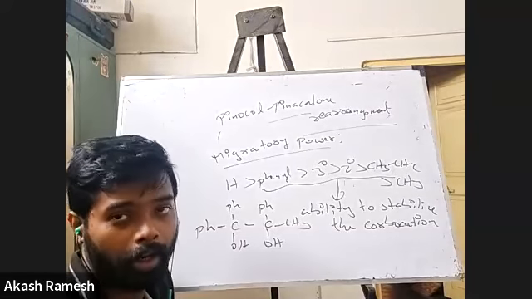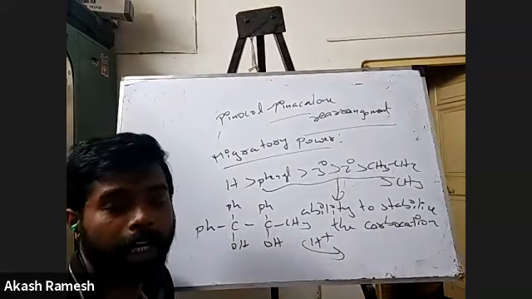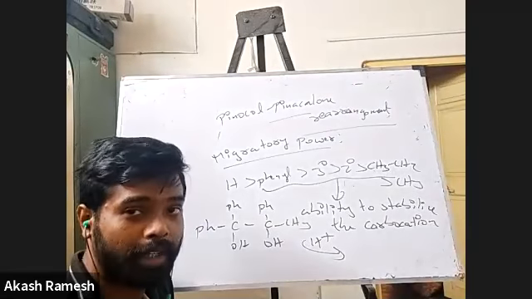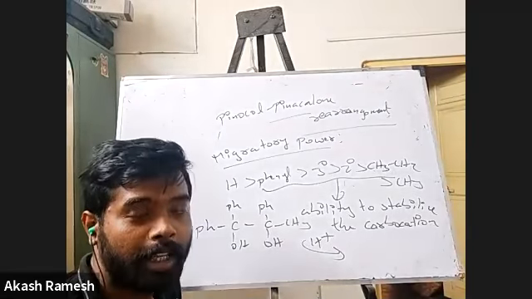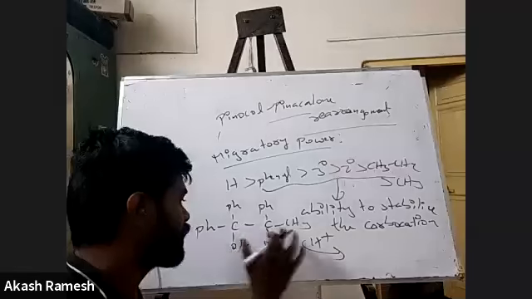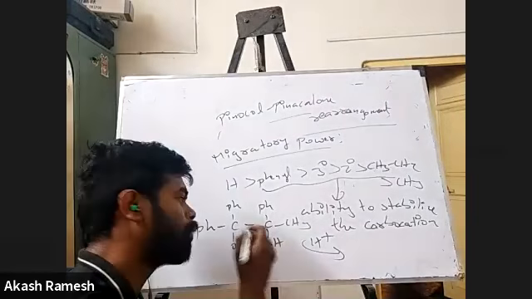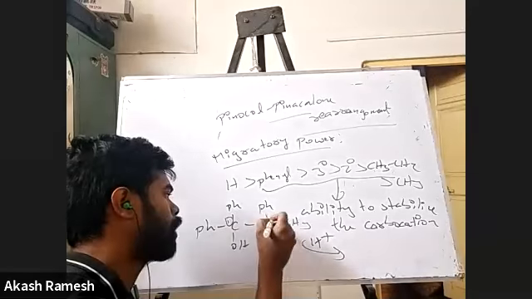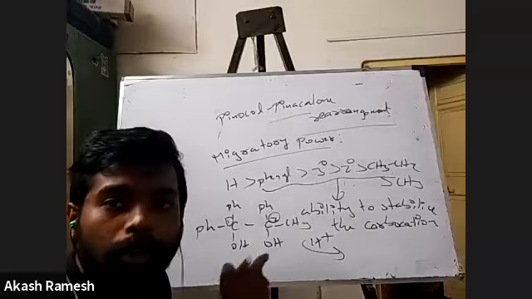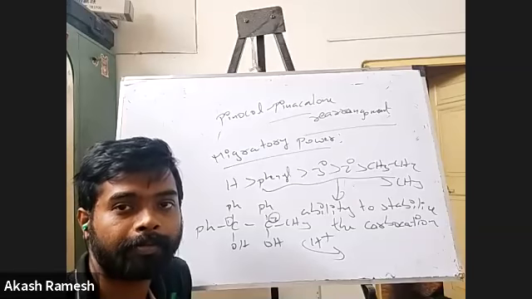Now, if I put H plus, you have to understand that obviously the more stable carbocation should be formed. So please understand, either this carbon or this carbon can have the positive charge. Now tell me, carbon number 1 and carbon number 2, which will form a more stable carbocation? Both are tertiary only, right? But tell me which will form the more stable carbocation.